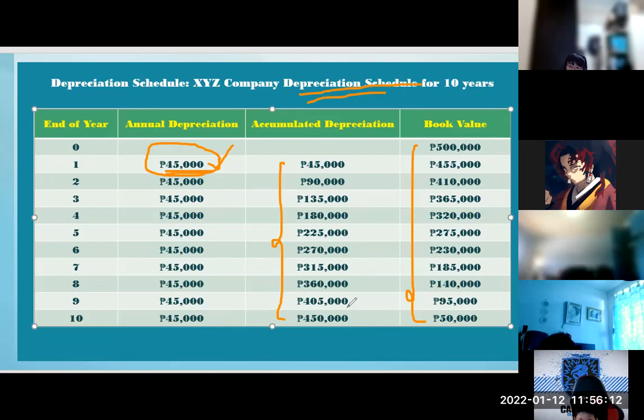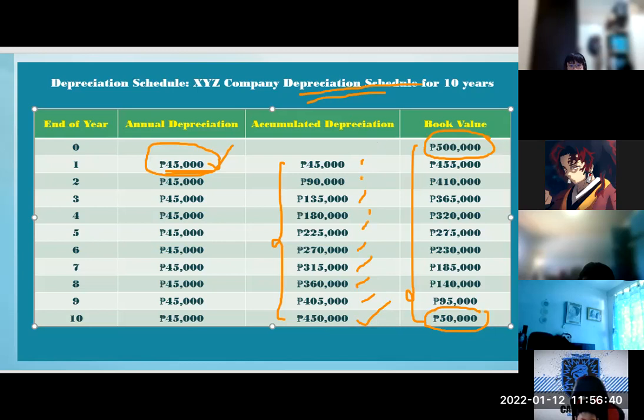We just reversed the accumulated value. 45,000, 50, you just subtract 50. This one, 450,000. You just keep subtracting 45,000. So, take 500,000, subtract the given salvage value, 450,000, and then subtract 45, 45, 45.